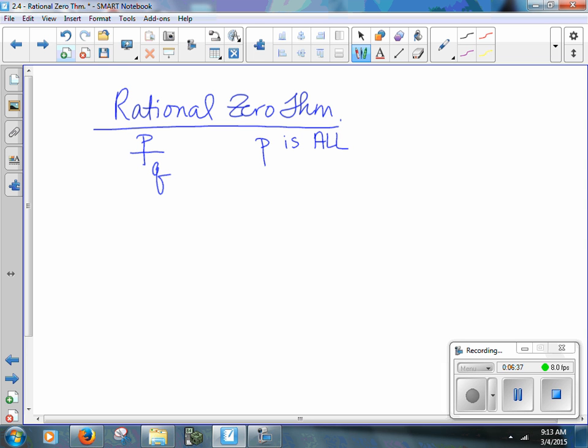P represents all of the factors of the leading coefficient, all of the factors, including 1.